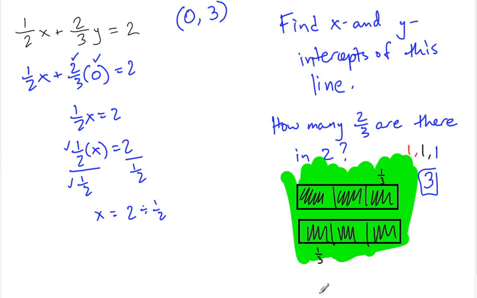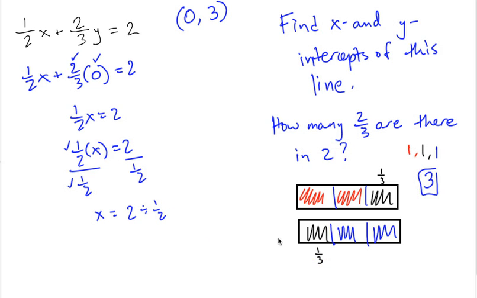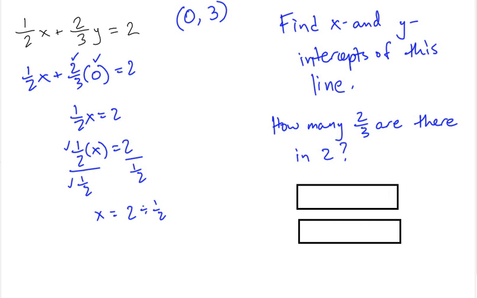So what am I going to do? I'm just going to erase some stuff here. This will save us some time. So what am I really asking? 2 divided by 1/2. What I'm really asking is how many 1/2s are in 2.